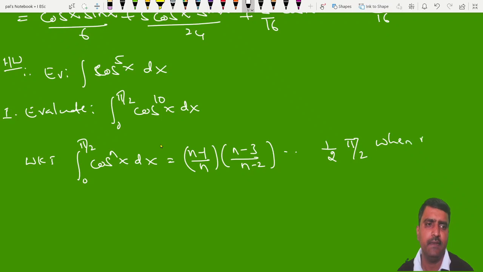So that is when n is an even number. So put n is equal to 10.